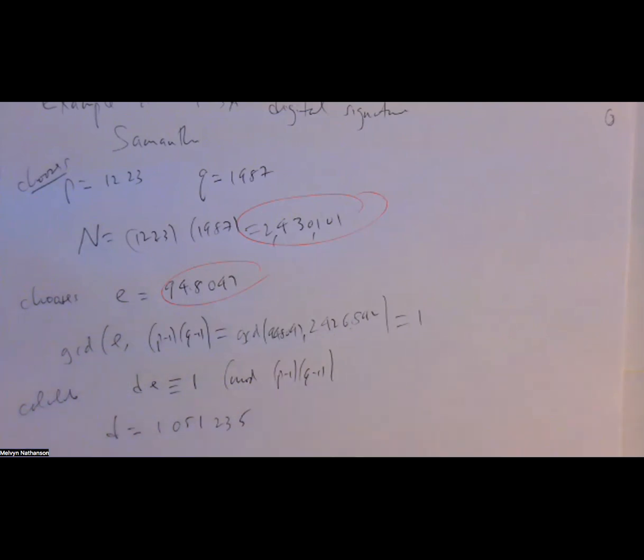Let's just check that this is correct. Let me go back to Maple. So that's my E. D is supposed to equal 1,051,235.